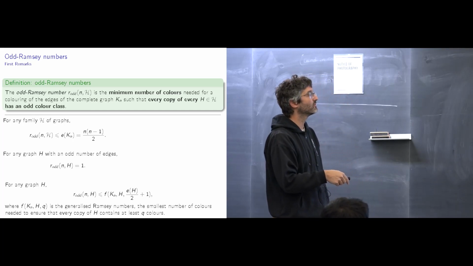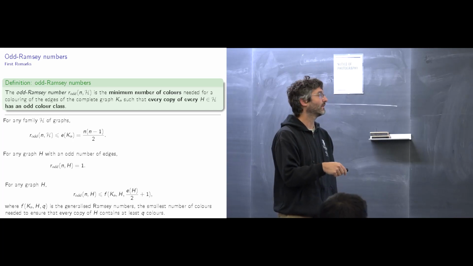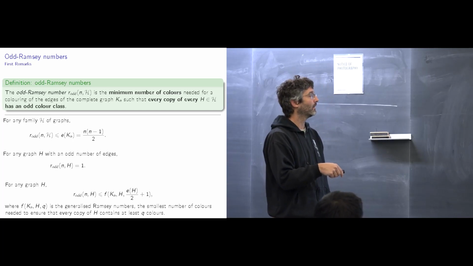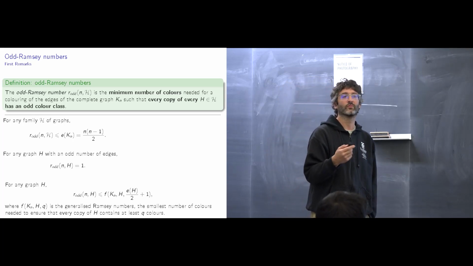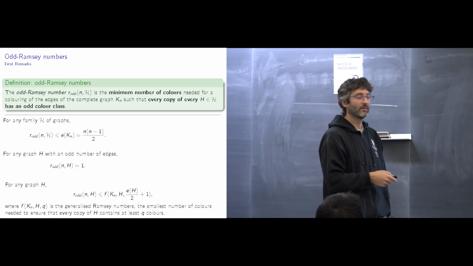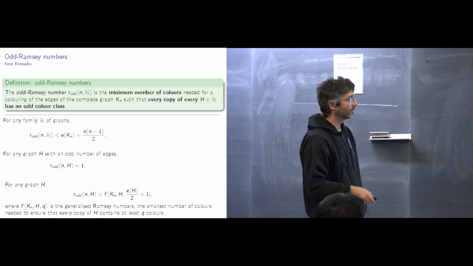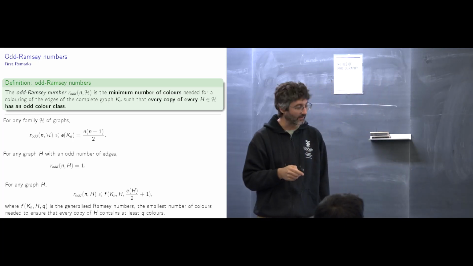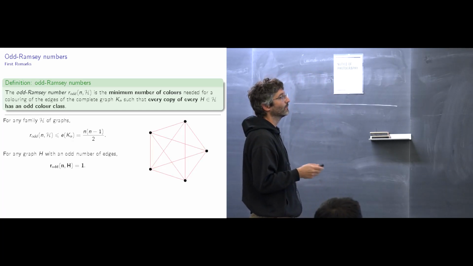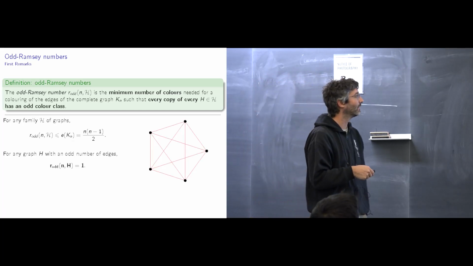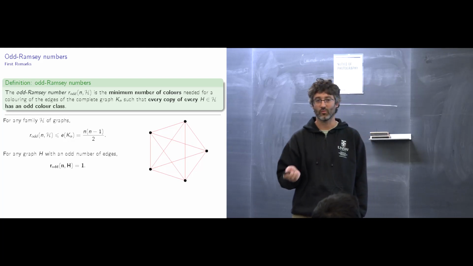And it's just now a pigeonhole principle to say that if you have the number of colors to be at least half the number of edges, then you have one color appearing only once. So that gives you a trivial upper bound. But that's mostly just if you are interested in the topic. Otherwise, I would say that the main fact that you should remember is that for an odd number of edges, it's 1.